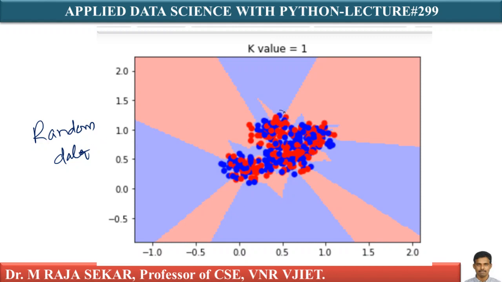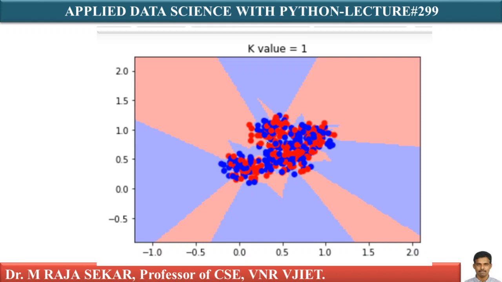Just observe, both of my classes, the red class and the blue class, are fully overlapped, and there is no way to separate blue points from red points. In such a case, what happens? Whatever your value of K, whether K equal to 1, or any other value, you cannot separate these points.